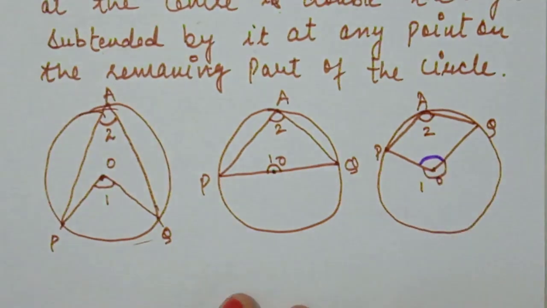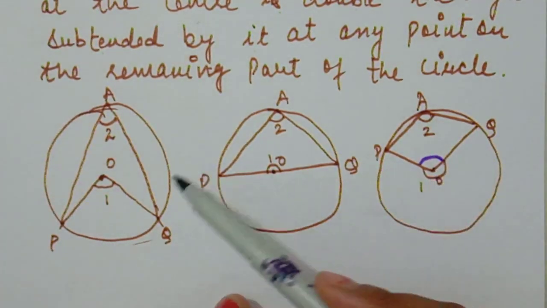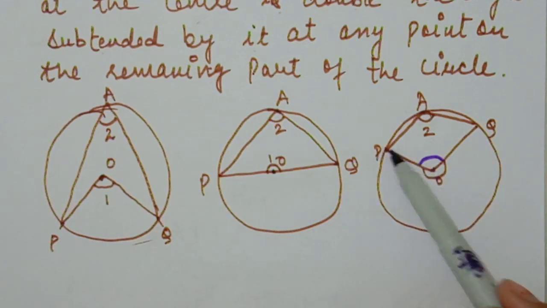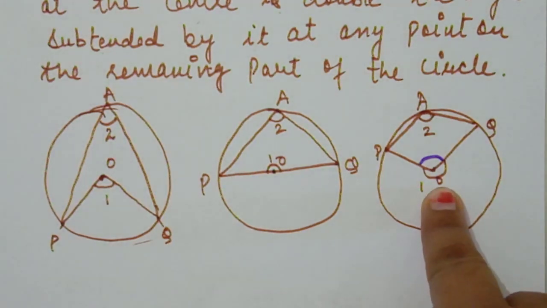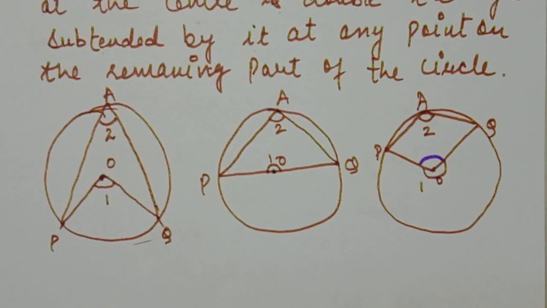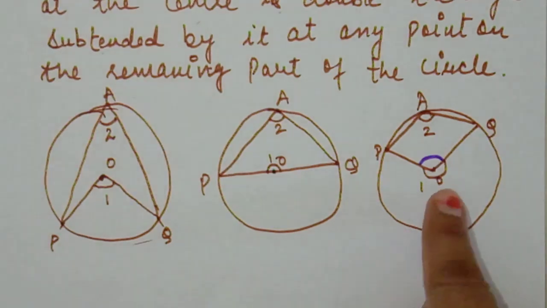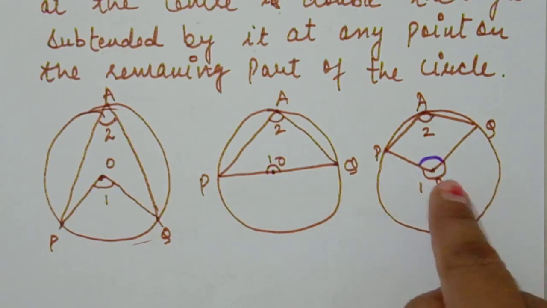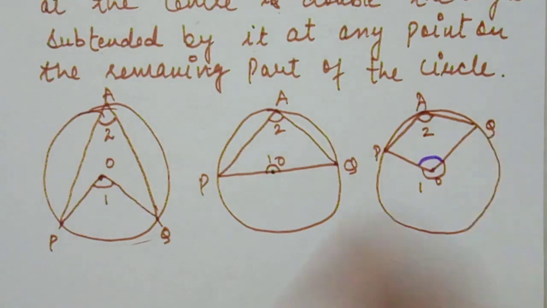This is not the angle POQ, but we have to prove that this as angle 1. So the name of this angle is reflex of angle POQ. It means angle 1. The name is the same. We are proving with angle 1 and angle 2. Do not get confused with that. The name of this angle, which is greater than 180 degrees, is reflex of POQ.